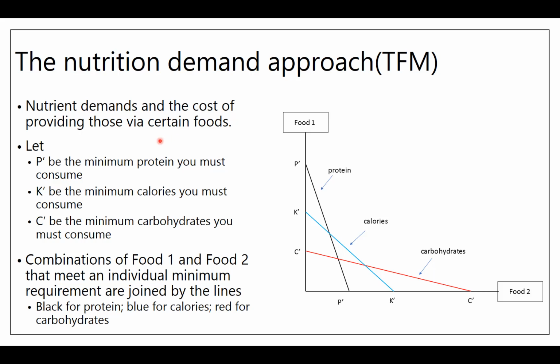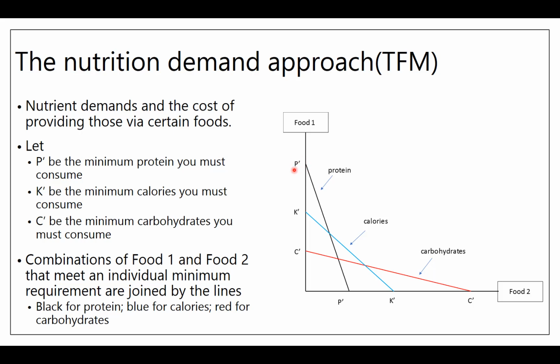And so I've put together a simple graphical example here. Let P prime be the minimum protein that needs to be consumed, K prime minimum calories, and C prime minimum carbohydrates. Okay? If we have food 1 on the vertical and food 2 on the horizontal, then a point here would say you have to consume this much food 2 to meet this target level of protein, or this much of food 1.